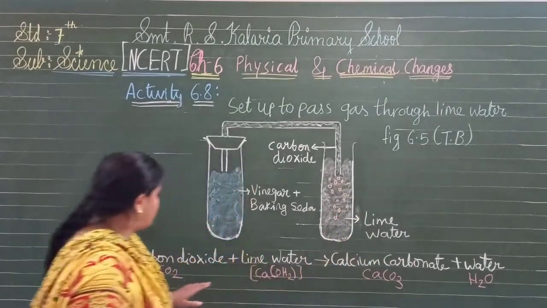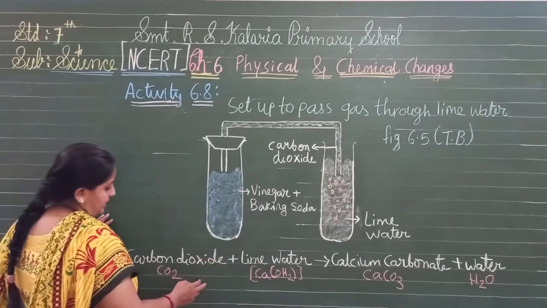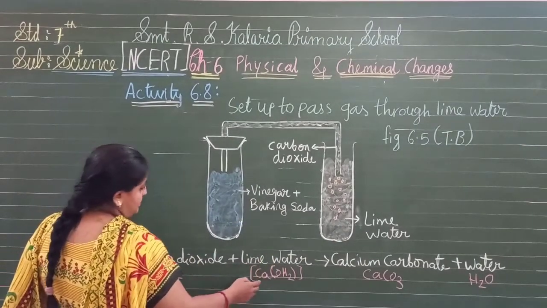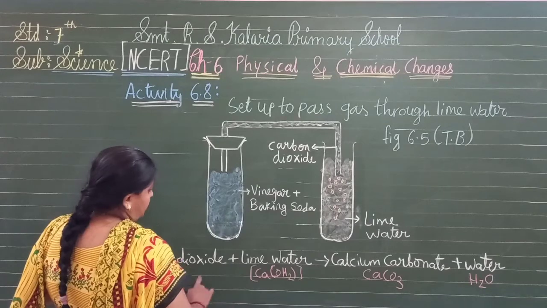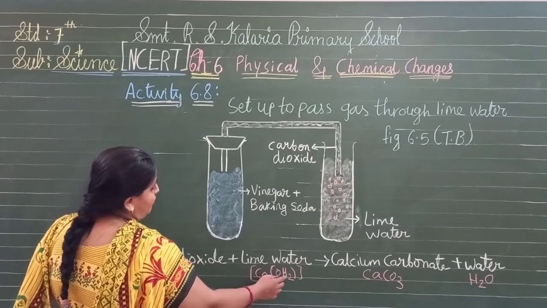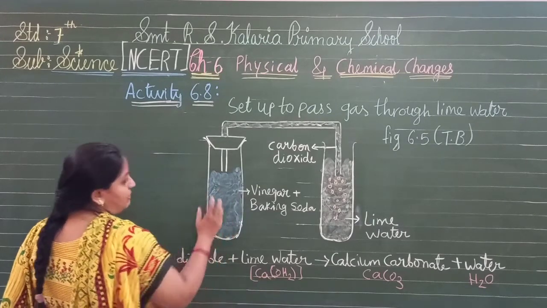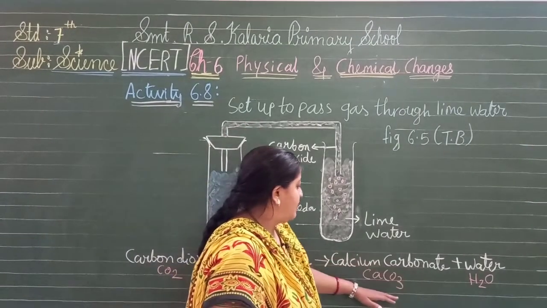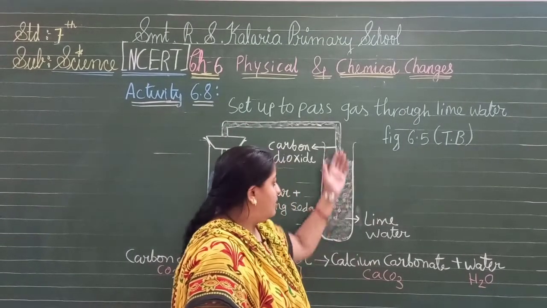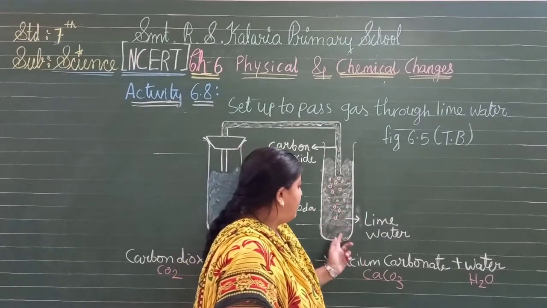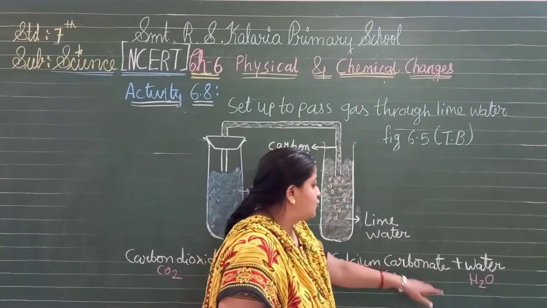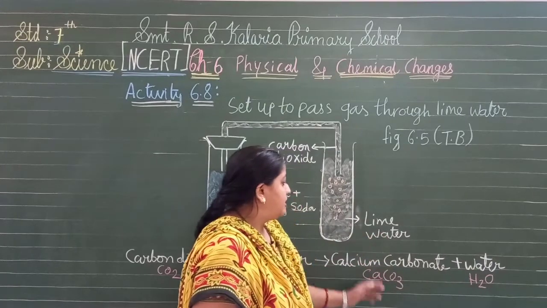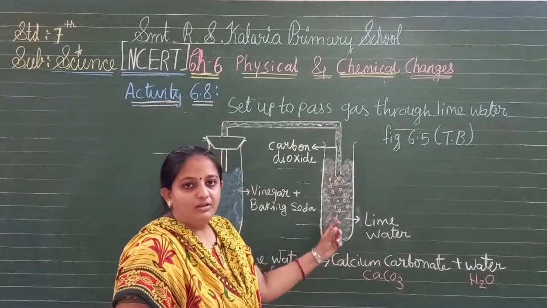So here the equation we get: carbon dioxide plus lime water, that is CO2 and Ca(OH)2, gives calcium carbonate, a white substance which is insoluble in water, and due to this the lime water turns milky.